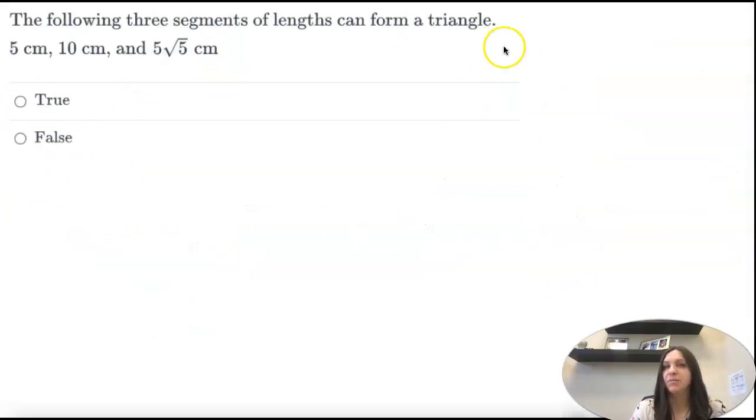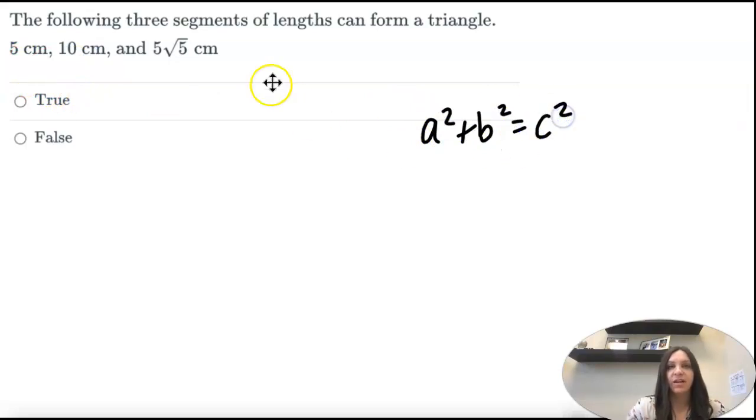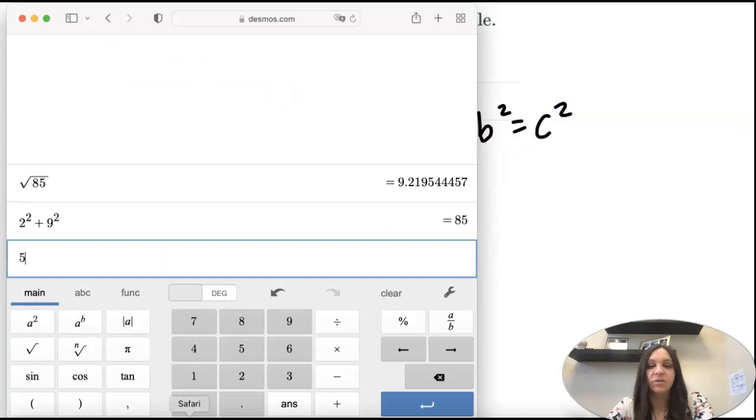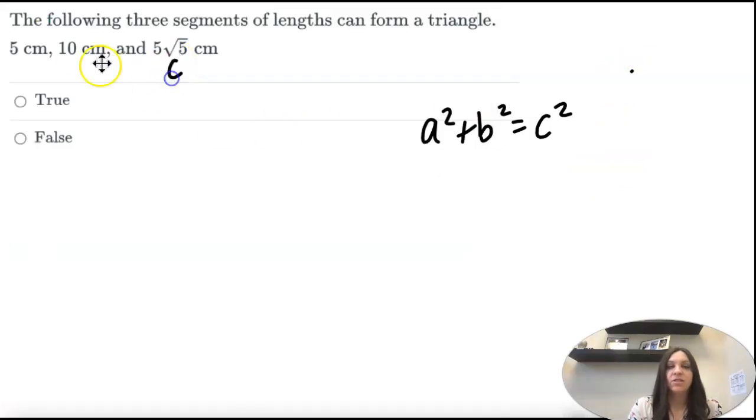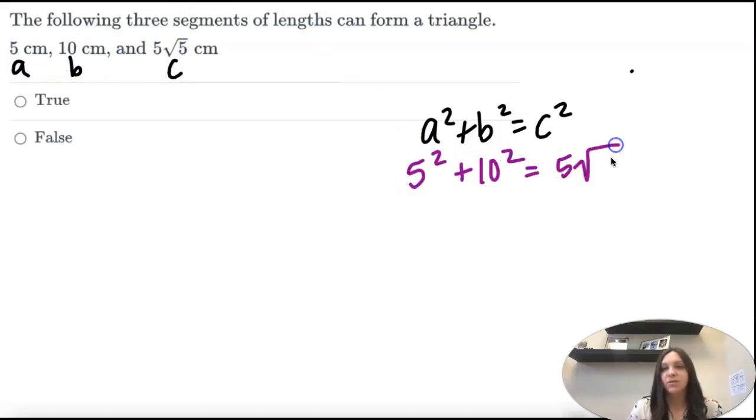So we have another example. Let's see if this works out. Remember, C is our longest side. So we have 5, 10, and then again, if you're not sure, 5 square roots of 5, which is 11 point something. So this is our C, that can be B, that can be A. So 5 squared plus 10 squared equals 5 square roots of 5 squared.